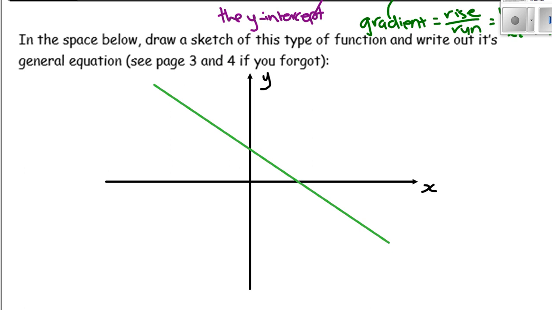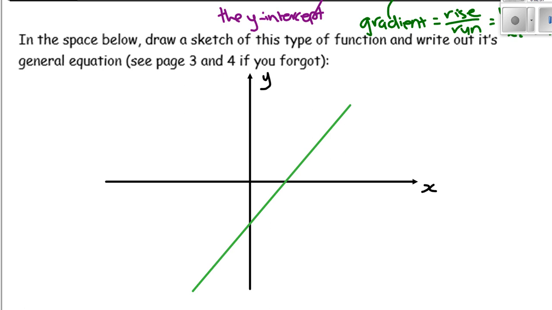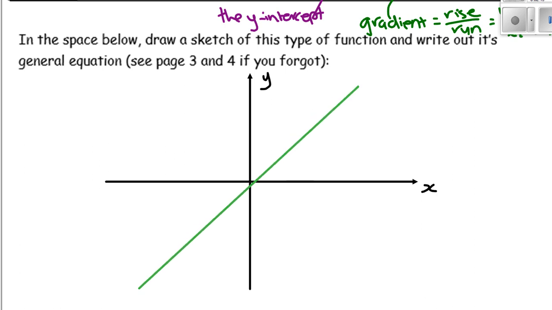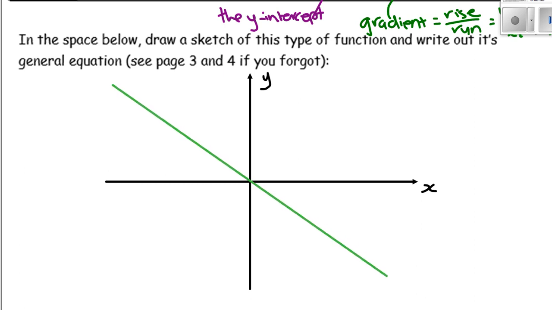Or a positive gradient and a negative y-intercept, which would look like this. Or a negative gradient and a negative y-intercept, which would look like that. If you did something as simple as y equals x, it would probably look something like this, maybe a bit flatter. If you did y equals negative x, which has a y-intercept of 0, it might look like this.